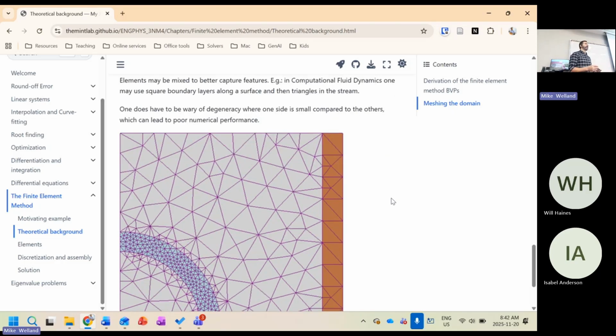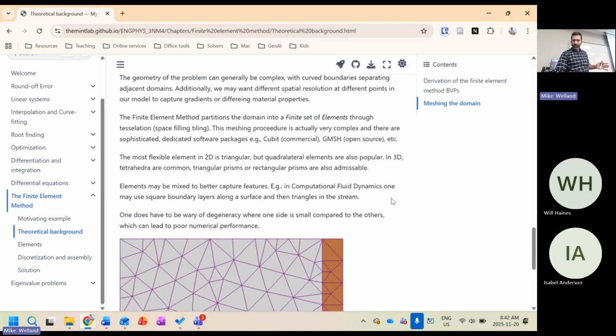There are entire computational packages, very expensive ones, specifically dedicated to meshing. What is it? Cubit is a big one that's pretty common in CFD and in the nuclear sphere. Gmsh is the open source version of it. I'm not going to say equivalent.